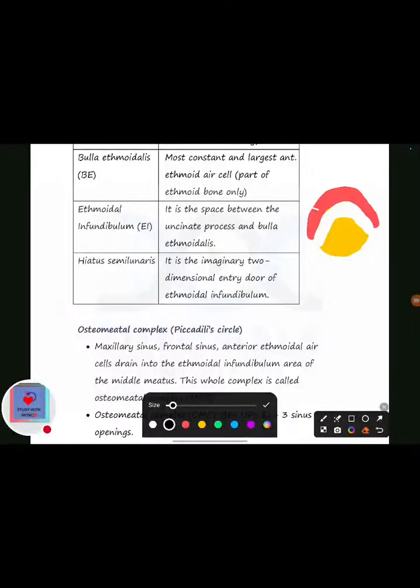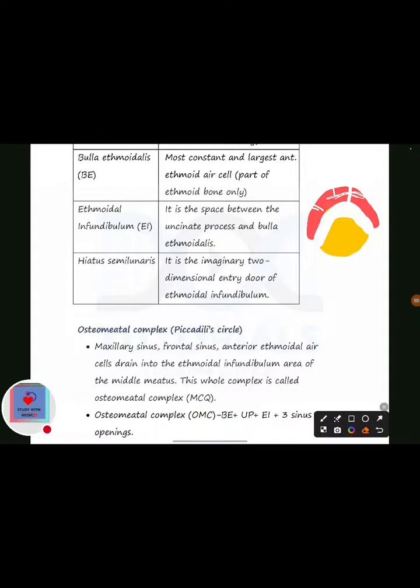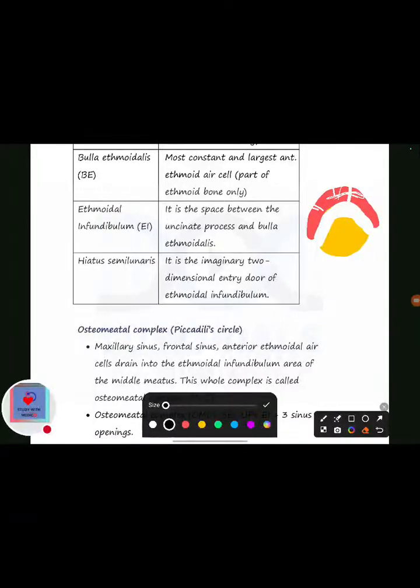This is the uncinate process. So the space between the two is called the ethmoidal infundibulum.